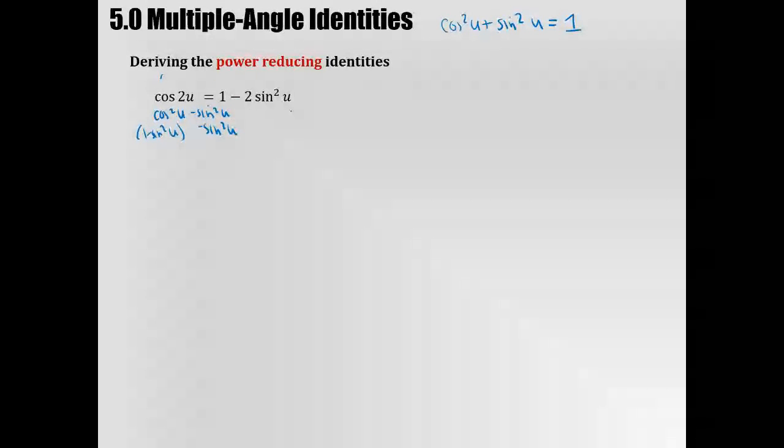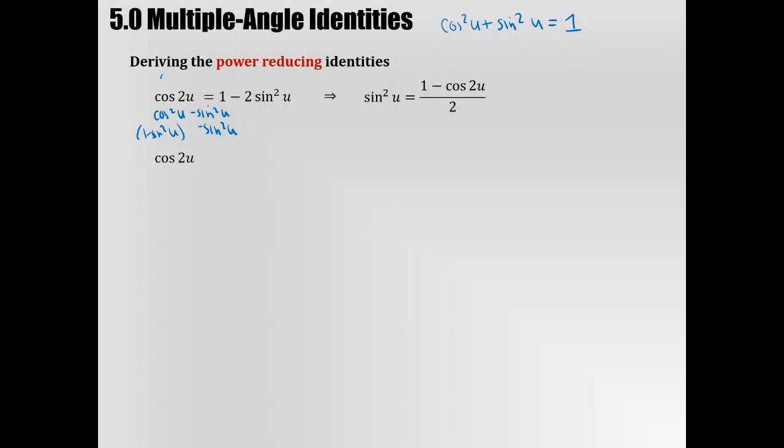And there we've got that. I'm going to rearrange this to solve for sine squared mu. I get sine squared mu equals 1 minus cosine 2u over 2.